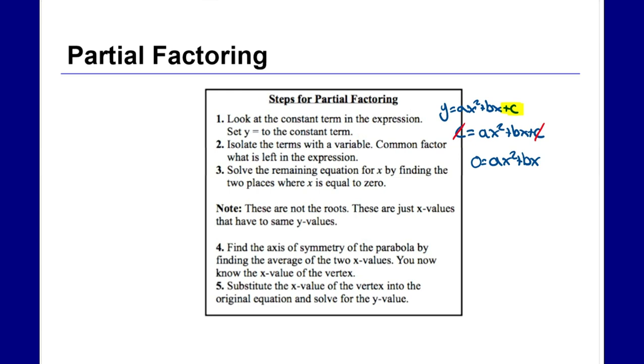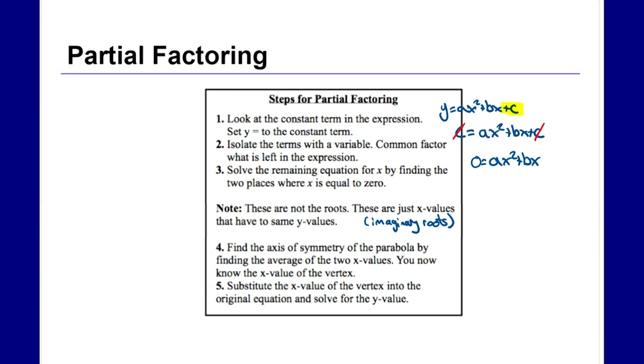This is similar to how we would if we were finding roots, but we're not finding the actual roots. These are just imaginary roots. They're just x values that have the same y values, and they're on equal distance on either side of our axis of symmetry or our vertex.